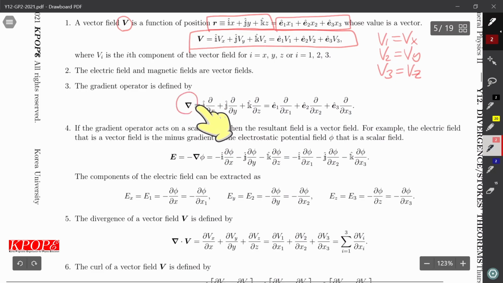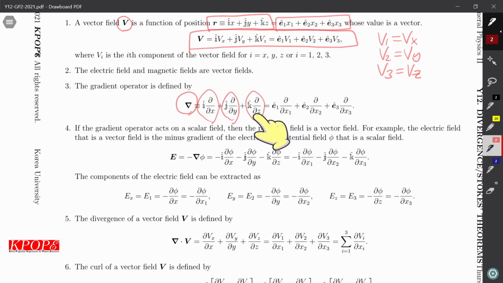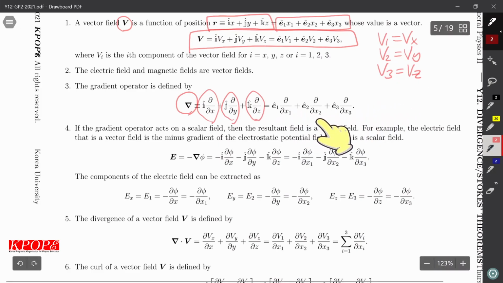The gradient operator has the x component as the derivative with respect to x, the y component as the derivative with respect to y, and the z component as the derivative with respect to z. Using 1, 2, 3 index notation instead of xyz, it can be written as the sum over i from 1 to 3 of e_i hat times the derivative with respect to x_i.